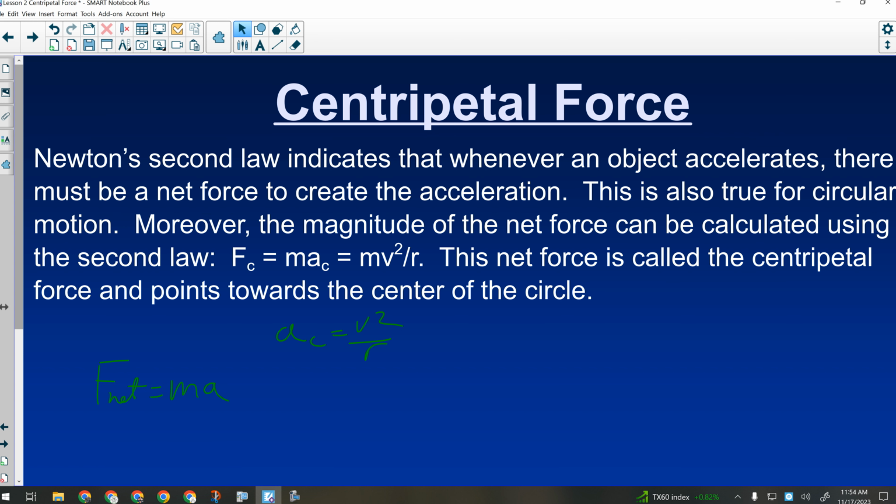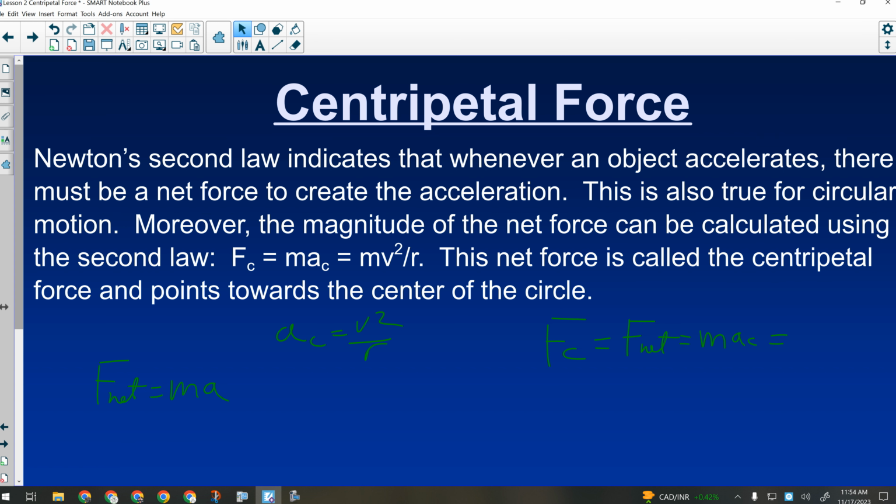So centripetal force in this unit is our net force. That means it is the vector sum of all the forces acting on the object, and that vector sum has to be towards the middle, but it also means it is mass times centripetal acceleration, which is going to change our formula a little bit.